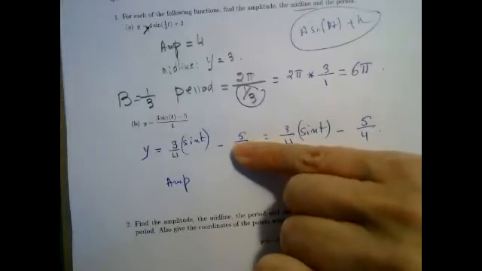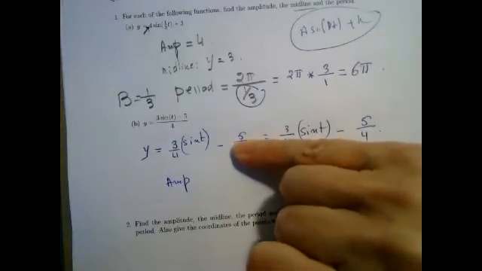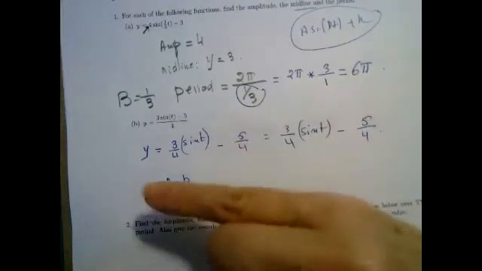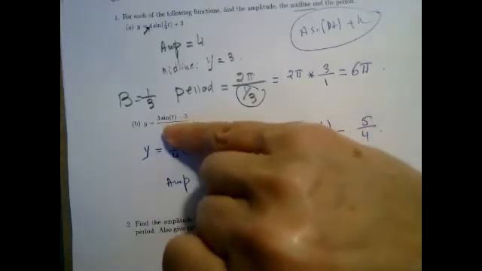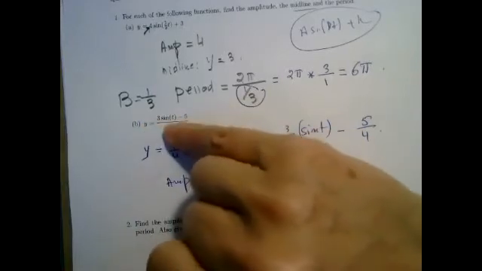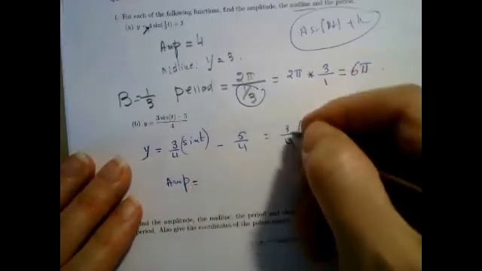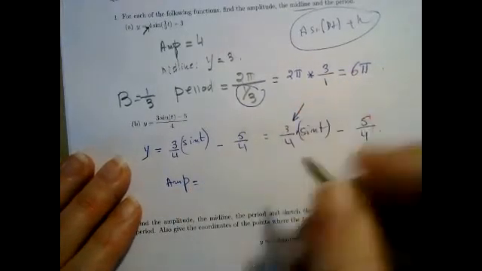So they had this, which is wrong because this will make the shift to be 5, which is wrong. Some students ignored the 4 totally and gave me an amplitude of 3. So all these are issues you have. So the amplitude is by how much we stretched vertically.